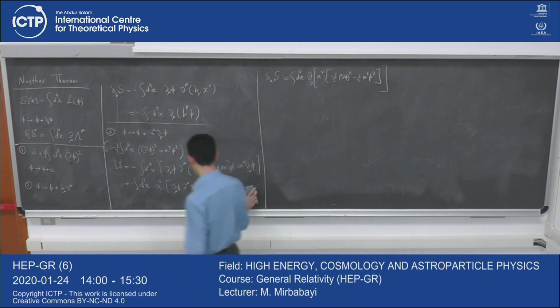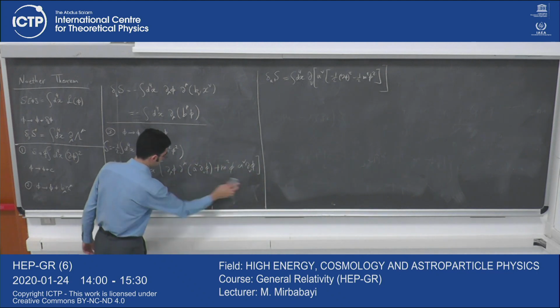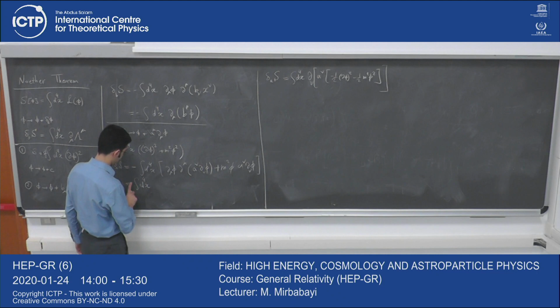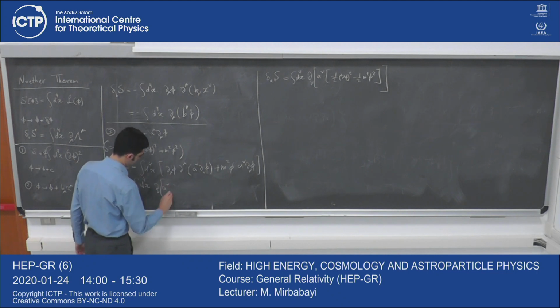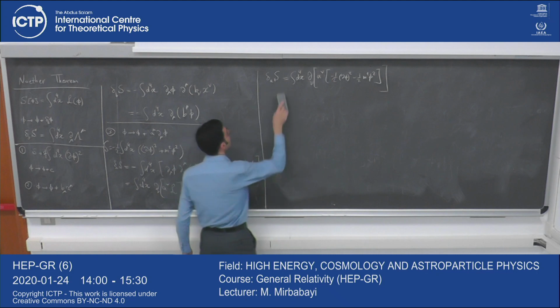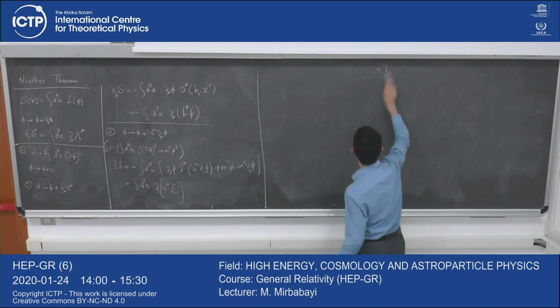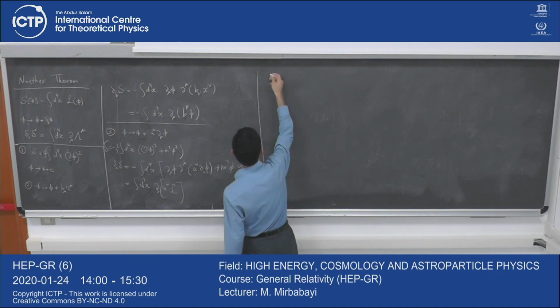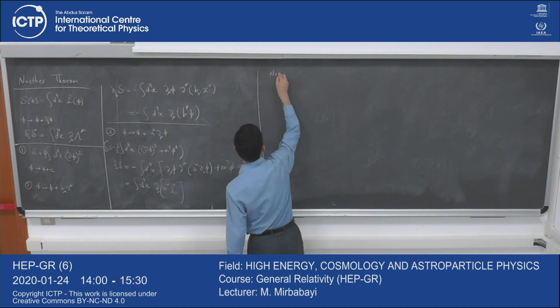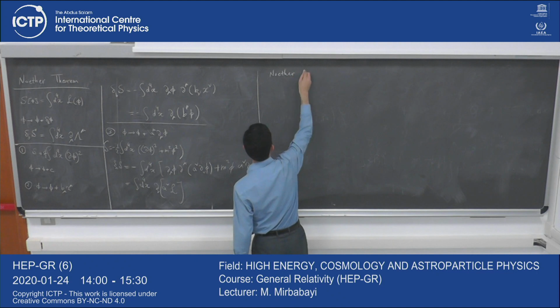Let me just write this here. So here we found the nu of a nu times basically the Lagrangian. So we want to derive the Noether current.